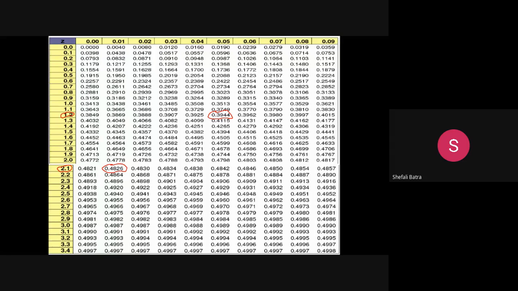This is 3.2 and the sixth column: 0, 1, 2, 3, 4, 5, 6. This is 0.4994, right? So please take a picture of this table, because in the next part when we solve the question, you will be telling me the value from this table, right? Please click the picture.